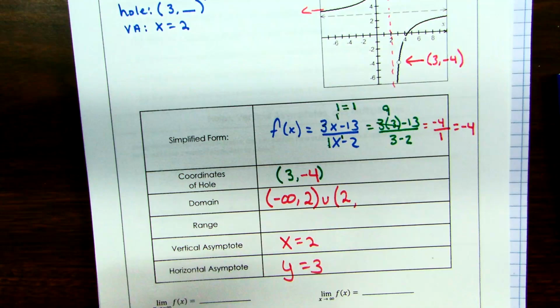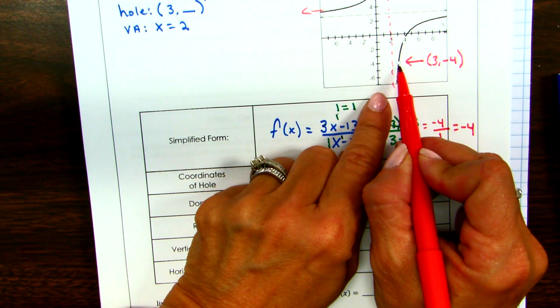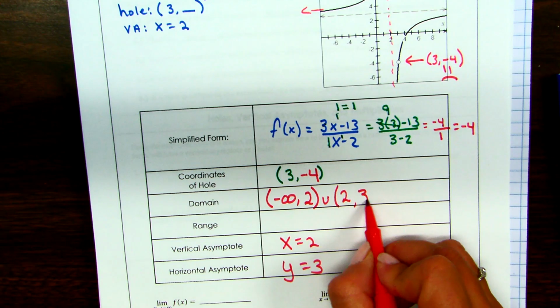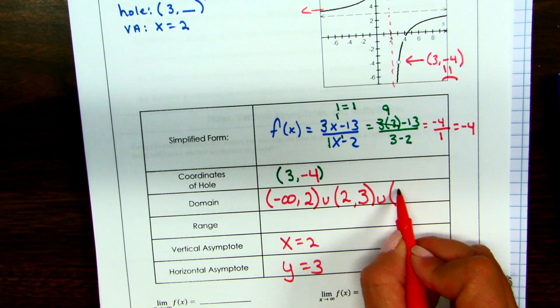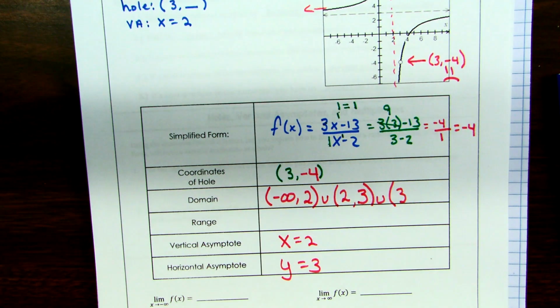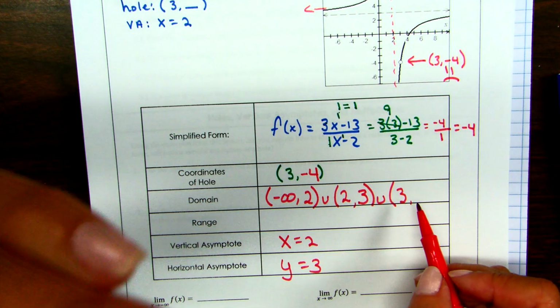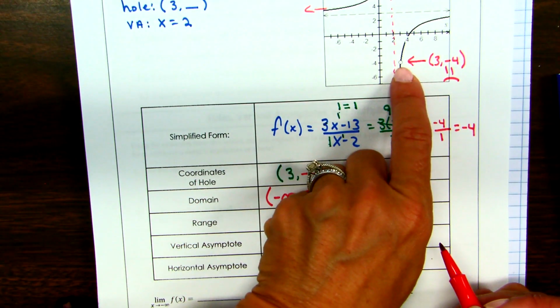What's the next x value that gives us a problem? 3. Good. Remember, this point is not part of the graph. It's excluded. I'm excluding it and jumping over it. Those are the only 2 places on the graph that cause us a problem as far as the domain: that vertical asymptote and the x value of the hole.